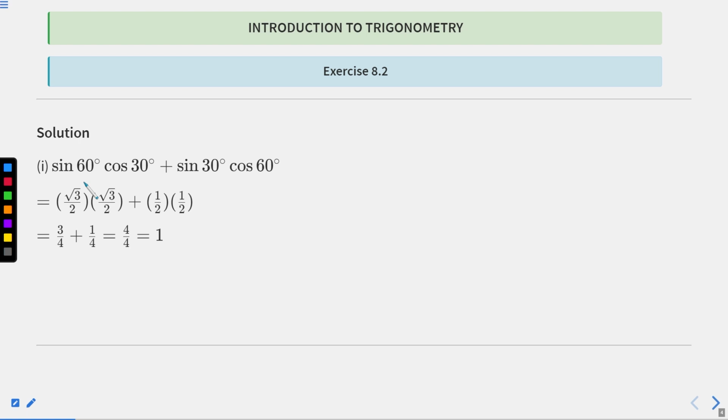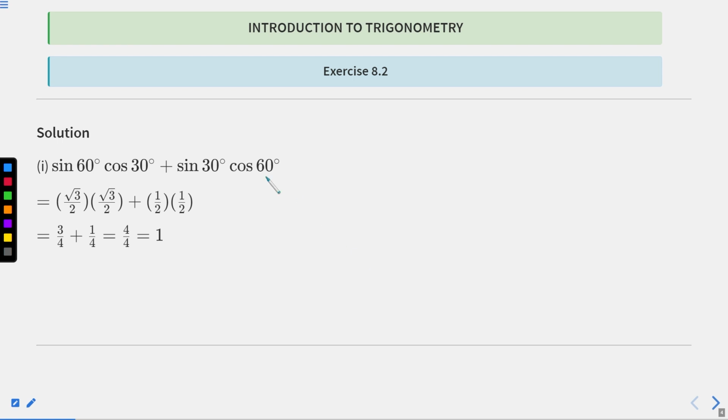We know the value of sine 60 degree is root 3 by 2, which we found in our previous lecture. You can visit our website to find that lecture and see the values of sine 60 degree, cos 30 degree, sine 30 degree, and cos 60 degree.